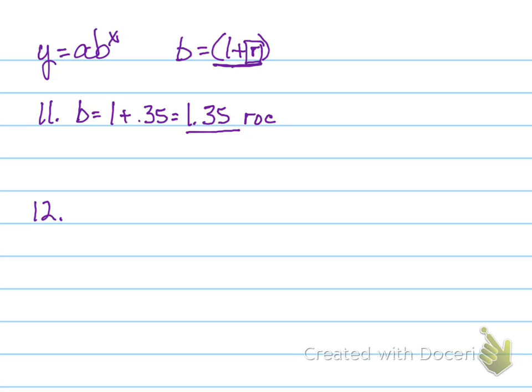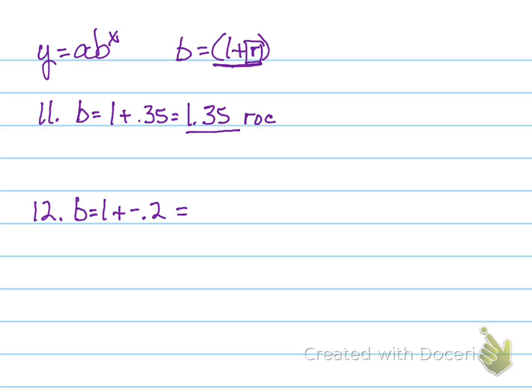Number 12 is a little different. This one is a negative, and we have talked about that some in the last lesson, for 7.1, during the lesson when we were taking notes, when we were doing the Iberian lynx problem. So b in this case is 1 plus a negative number, which is negative 0.2.